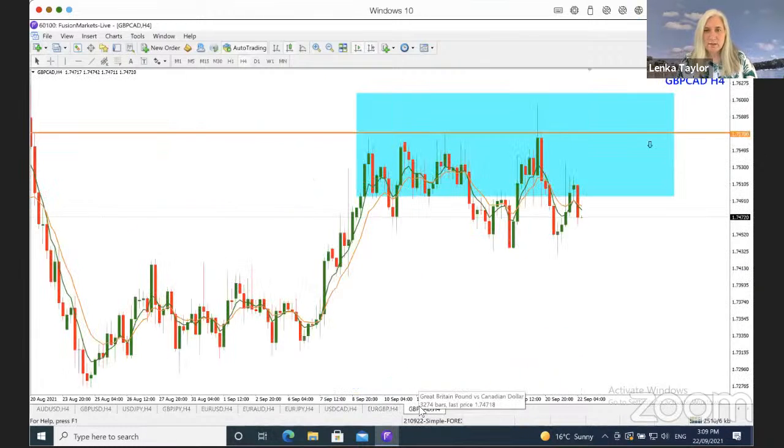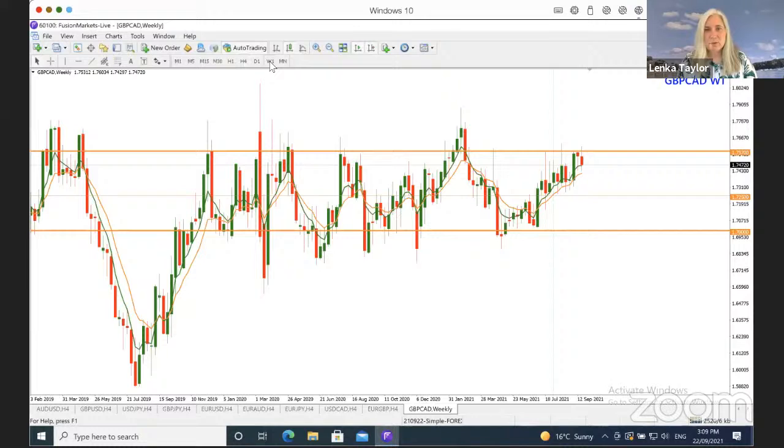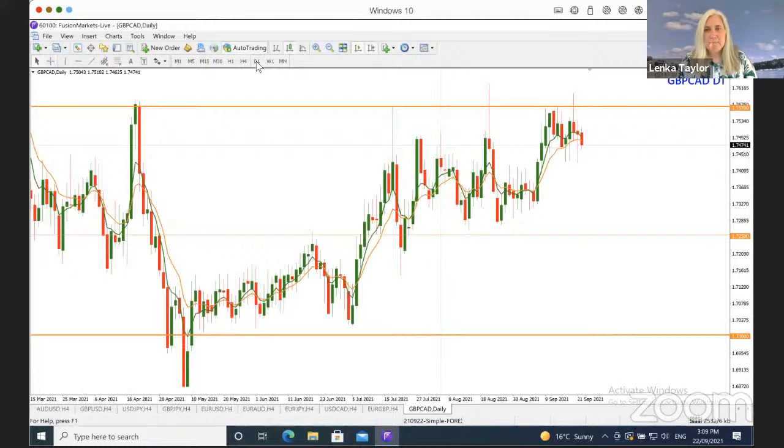And next currency pair I'm looking at is GBP CAD. And GBP CAD I'm looking for short. So in terms of the weekly, I'm looking at this as a ranging market, so looking to short from the top of that range. On the daily, we are going sideways, so there is some decision to be made there.